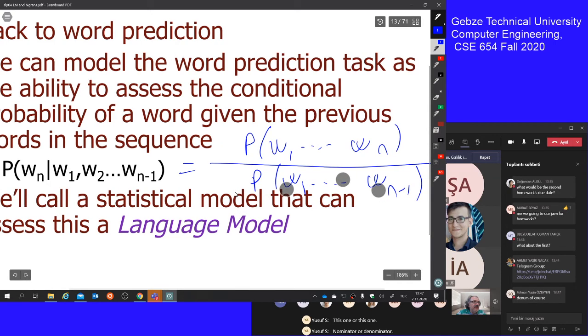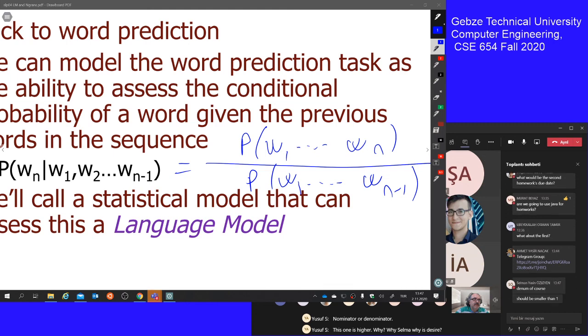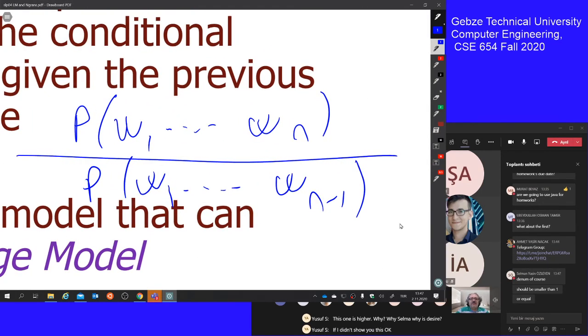This one is higher. Why? Why, Selman? Why is this higher? Well, it should be okay. If I didn't show you this, if I ask you the same question, which one is higher? You are saying that if it is the probability, then yeah.